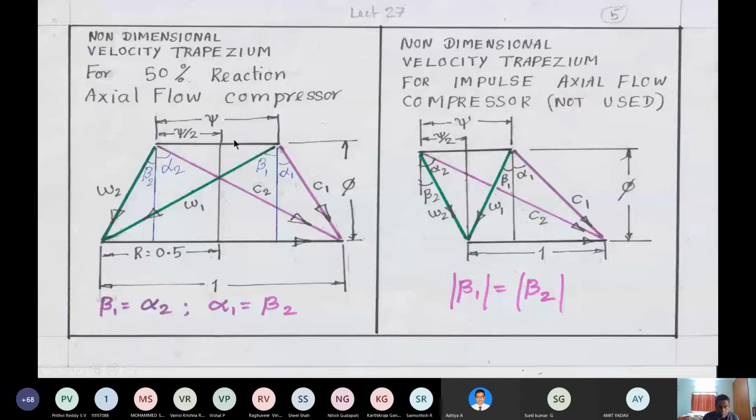If you drop a line from its midpoint, you will get exactly 0.5, so the other side also has 0.5. So basically it is a symmetric one. And looking at the symmetry, you can say that beta 1 is equal to alpha 2, and alpha 1 is equal to beta 2. So for a 50% reaction machine, it is going to be like that.